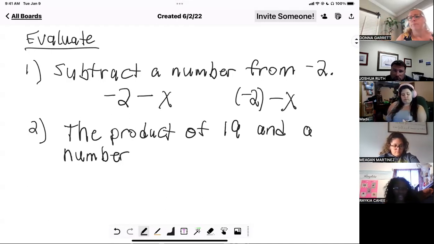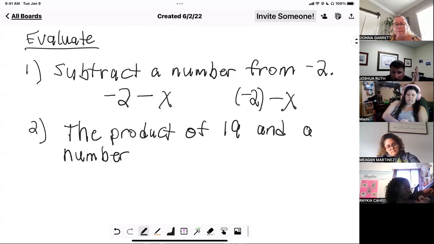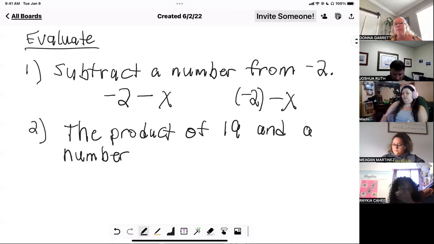Gotcha. I was just thinking if you wrote that differently and it was X -2, it might be confusing. Exactly. That would definitely be confusing. So use your parentheses for now. If you want to put parentheses around any negative, fine.